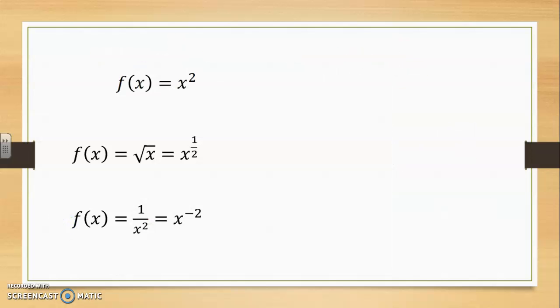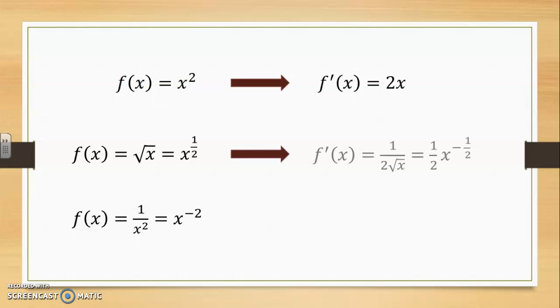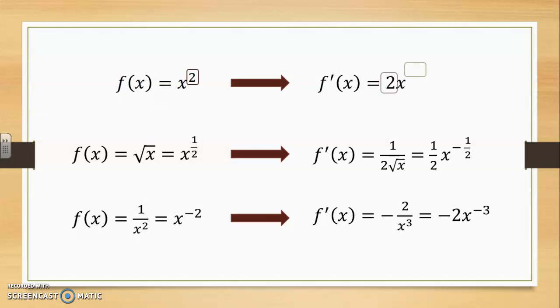Now, if you've been paying close attention, you may have observed a certain pattern developing. Here are the 3 derivatives that we have done in this particular video. And expressed as powers, you may have noticed that x squared, once differentiated, became 2x to the 1. X to the half became half x to the minus half.